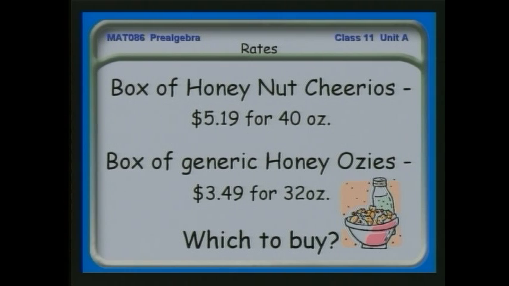Then I looked at a box of the store brand generic product, and I just called it Honey Ozies, who knows what it was called, and I found it was $3.49 for 32 ounces. The question is, these are odd prices at odd physical quantities, so I need to know which to buy.